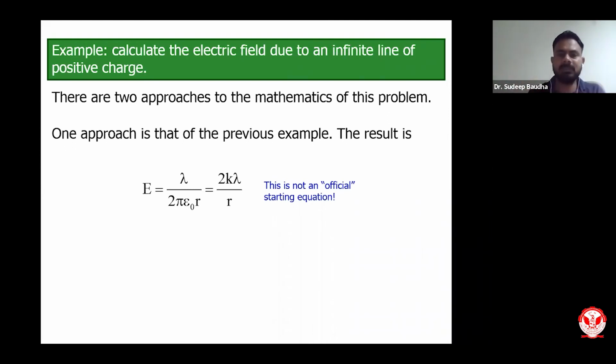So these three concepts are very important. Please try to understand these concepts. They are fundamentally used when you solve equations pertaining to electric field because of charges.